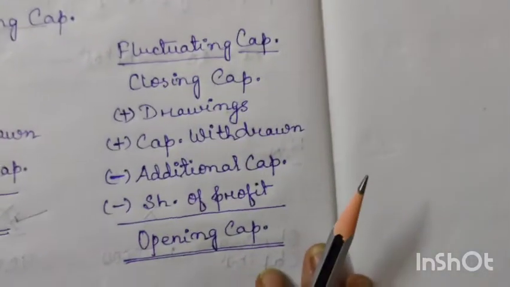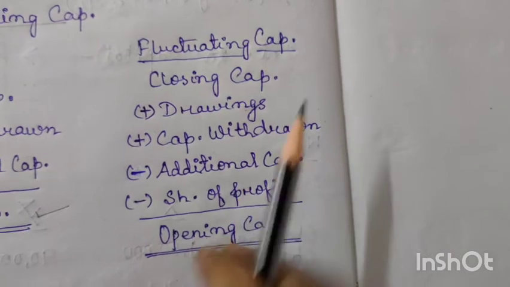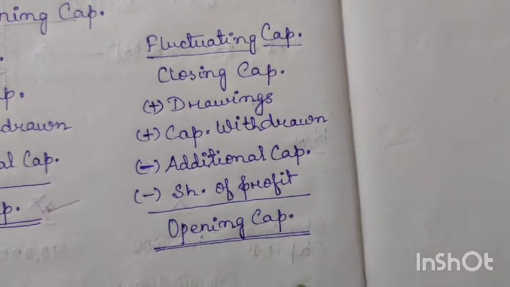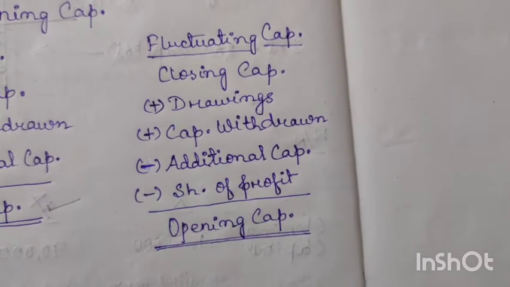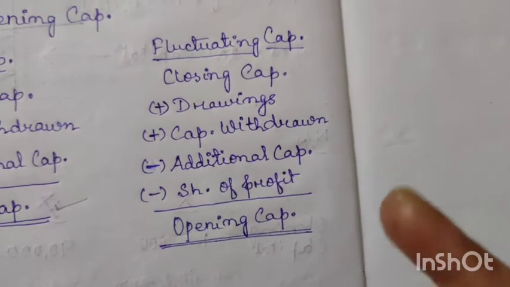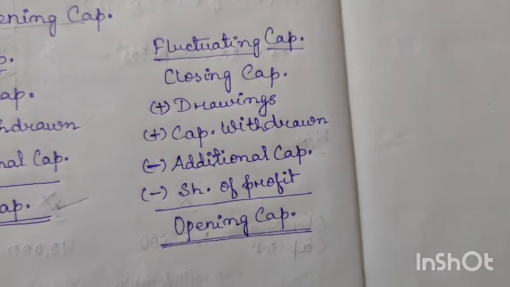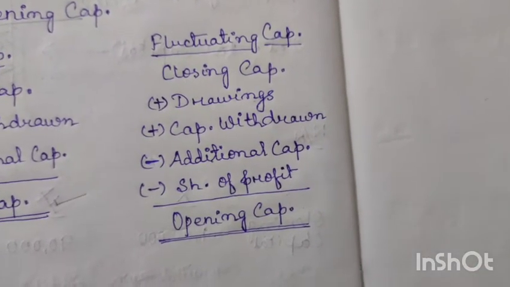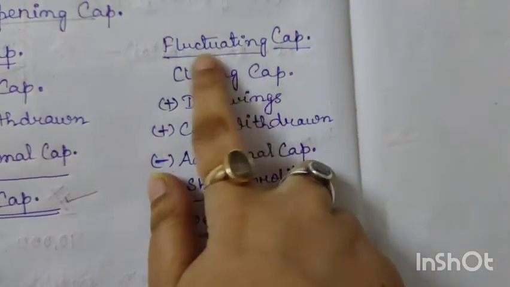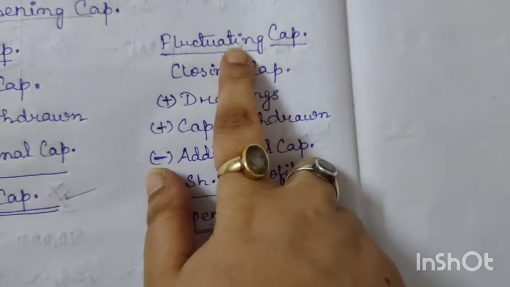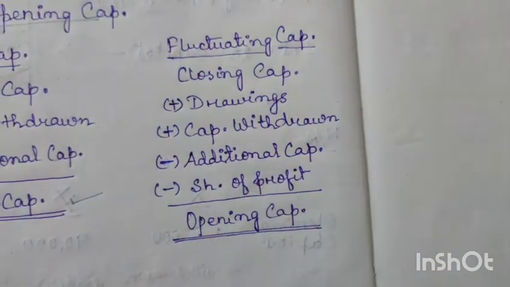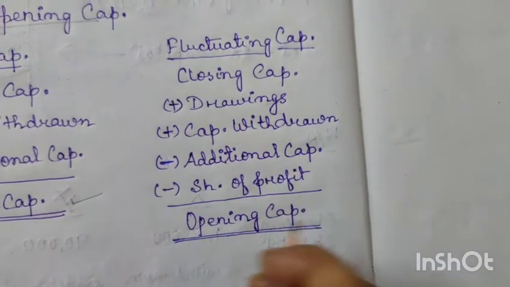Now, in case of fluctuating capital, the capital changes with the income and expense. Whenever we make any expense, we deduct that expense from the capital, and when we have any kind of income or profit, we add it to the capital. So in that case, our capital changes, so we call it fluctuating capital. Now under fluctuating capital, how do we calculate opening capital?